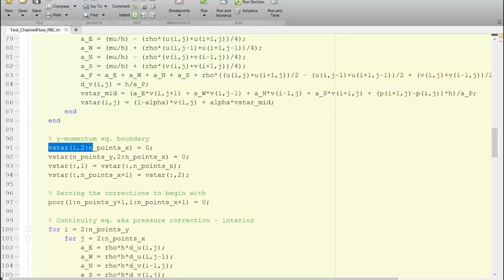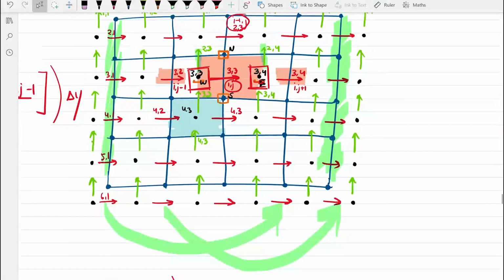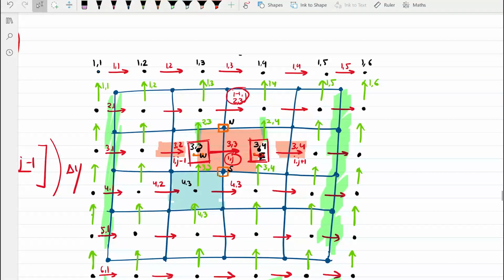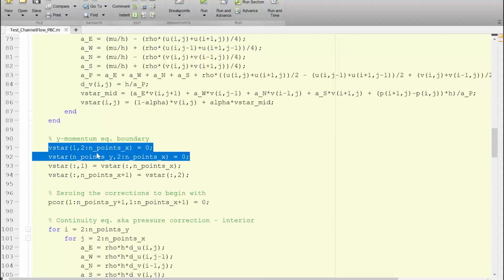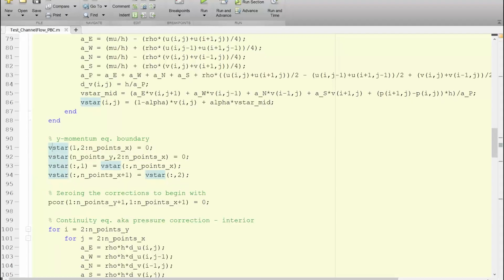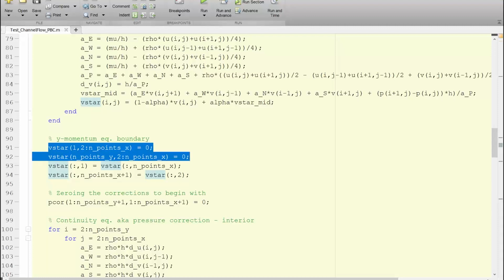Because the top boundary is a no slip boundary condition, and recall that the V velocity lies on the top boundary and the bottom boundary as indicated by these green arrows, we can simply assign those particular V velocities as 0.